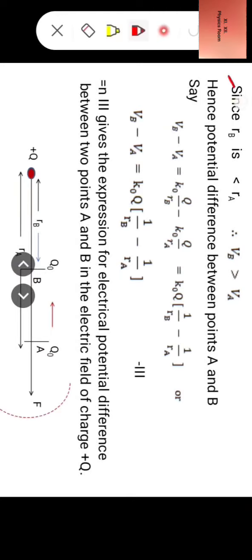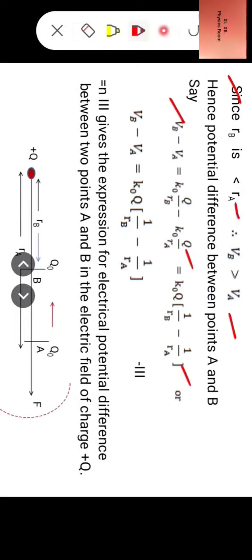Now since RB is less than RA, you can look at diagram and verify it. RB is less than RA, therefore VB is more than VA. Hence, potential difference between points A and B, say VB minus VA, is equal to K0 Q by RB minus K0 Q by RA. Or we can write it as K0 Q into 1 by RB minus 1 by RA.